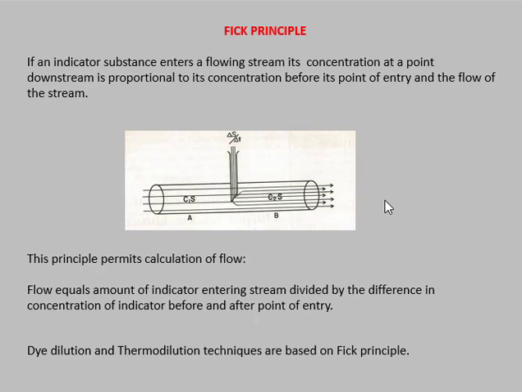That is almost intuitive, but this principle permits calculation of flow once it's applied as a mathematical formula. In fact, flow equals the amount of indicator entering the stream divided by the difference in concentration of indicator before and after the point of entry. That's it. There are only three variables in the equation, and the fourth variable is cardiac output.